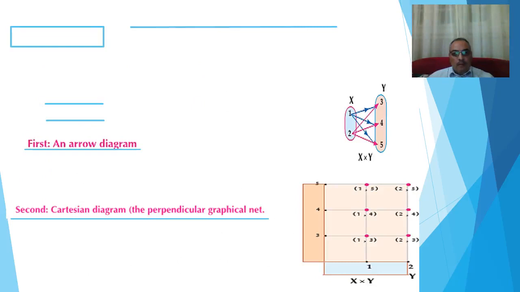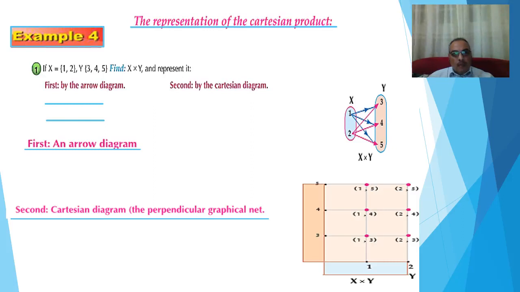Now we represent the Cartesian product by an arrow diagram or Cartesian diagram. For example, X is 1, 2 and Y is 3, 4. We find X product Y and draw first the arrow diagram like this.